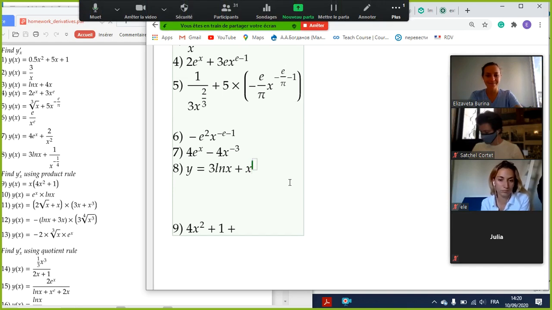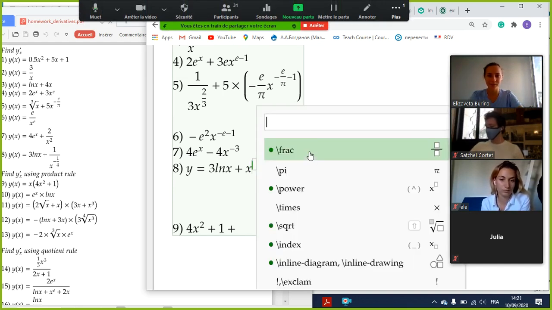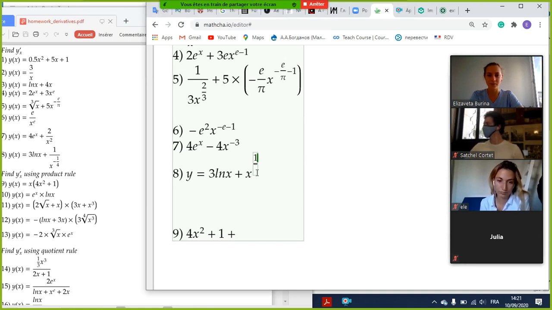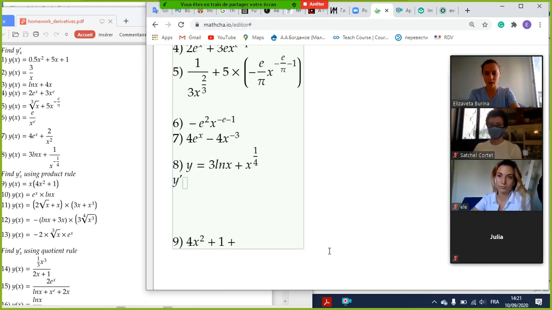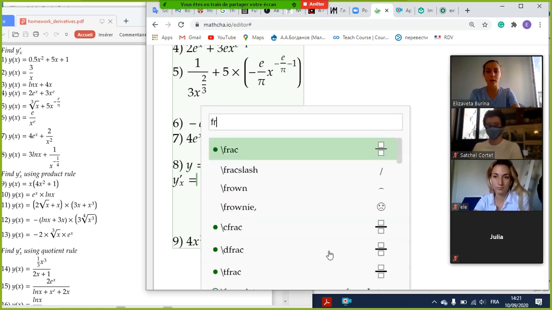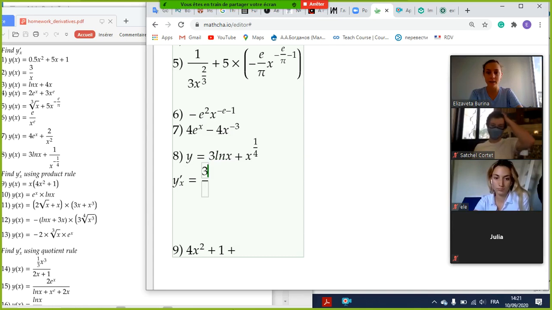X to the power, we had a fraction, 1/4. So the derivative of this, now, is what we're supposed to do. The derivative is equal to, here we're getting a fraction of 3/x.